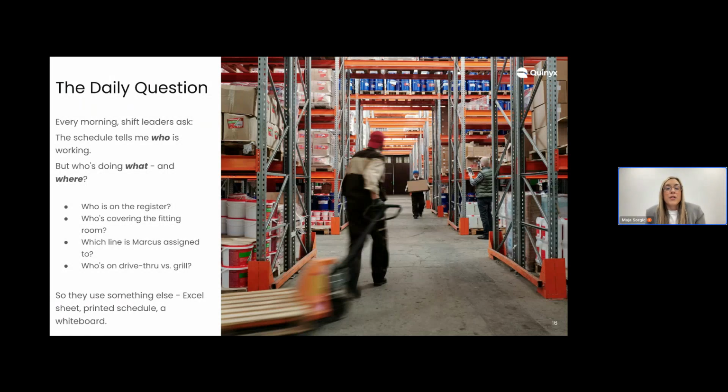But they need to figure out, okay, who is on the register, who is covering the fitting room, who is on production line 1, and so on. So the schedule today will tell you who is working and when that person is working, but it doesn't really tell you what each person is doing or where, when it comes to the location in your organization.